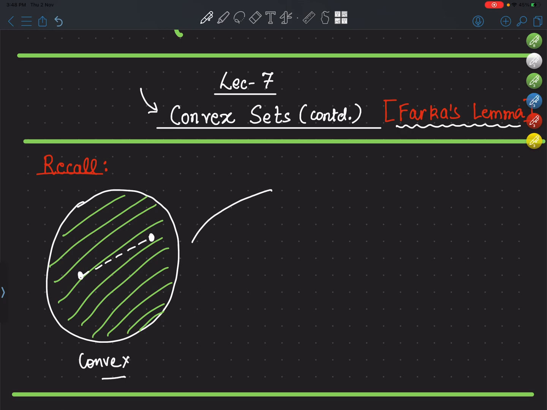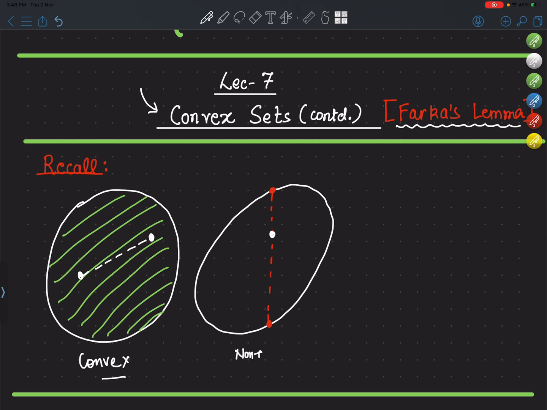But if you take only the boundary of this set, then let me redraw it. If we take any 2 points on it, you can see there are points which do not belong to the boundary, so it's a non-convex set. Similarly, we can have a set like this.